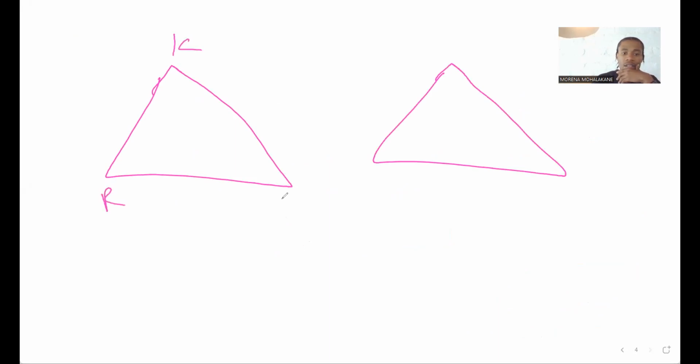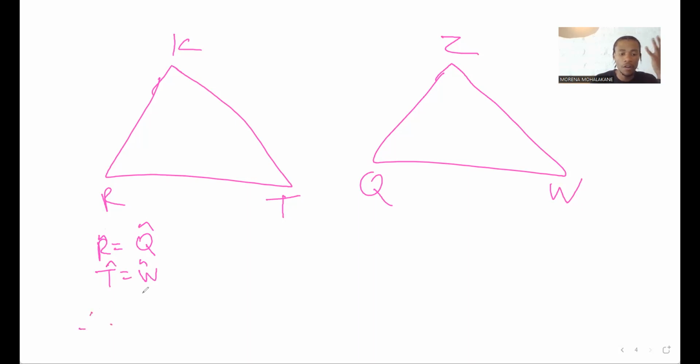K, T, R, X, T, U. Now, if I say to you angle R is the same as angle Q, and angle T is the same as angle W, then obviously, automatically, angle K is going to be equal to angle Z. That's certain to happen.